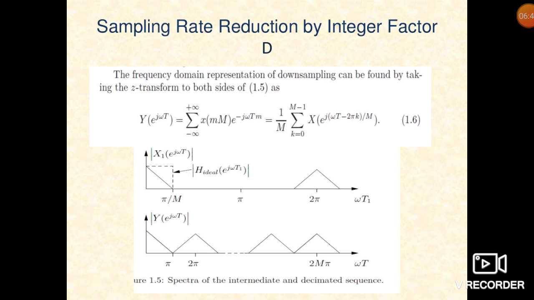As you can observe here, for the summation from 0 to M minus 1, we are going to have M samples in this particular graph.